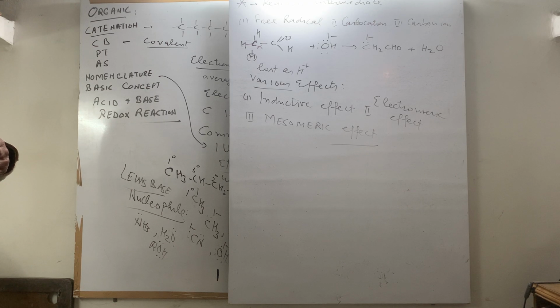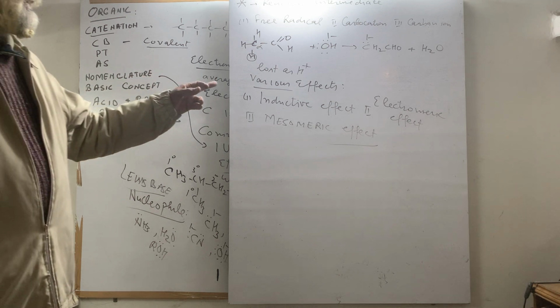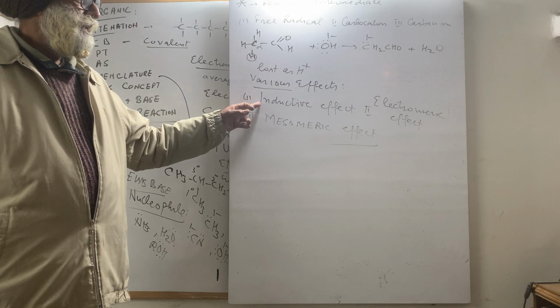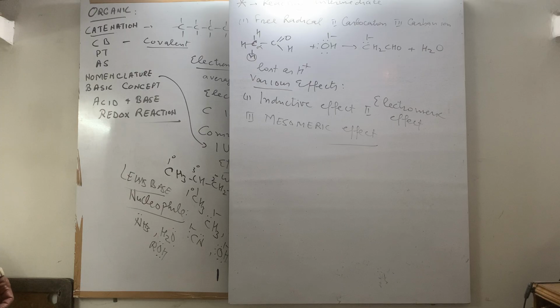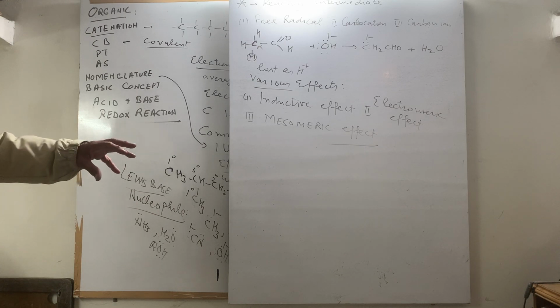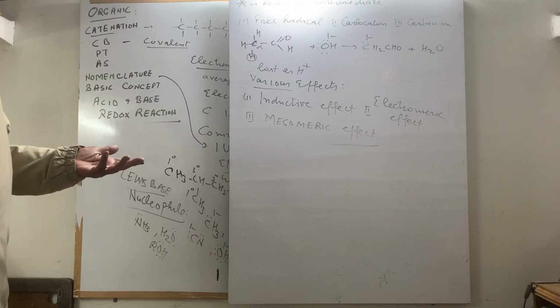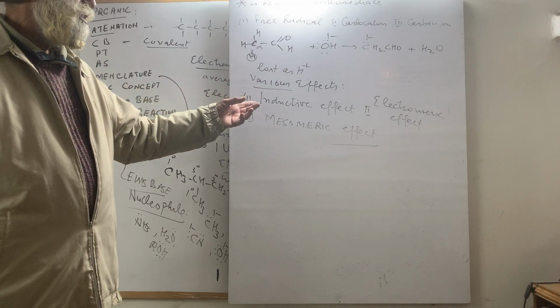Because a secondary carbocation is more stable than a primary carbocation. Why is it so? Because of the inductive effect of the alkyl group. So it should be taken up in detail, because it explains why certain products are formed in preference to others.